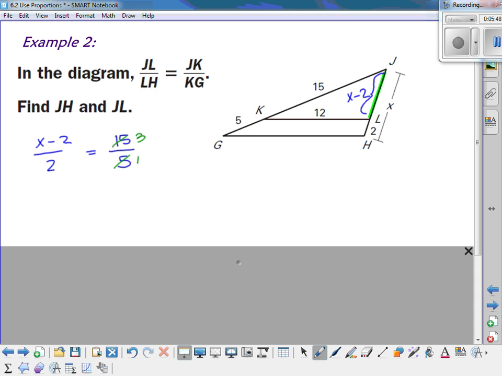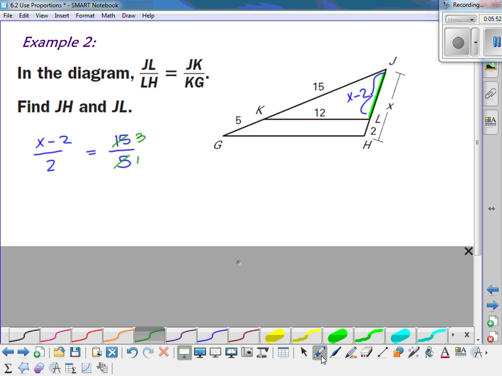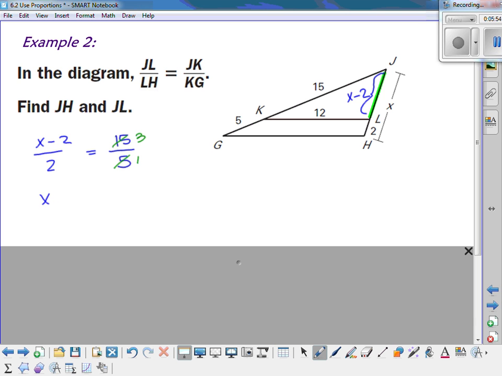So when I cross multiply, I have X minus 2 times 1, which is just X minus 2, and it's going to equal 2 times 3, or 6. When I add 2 to both sides, I find that X is equal to 8. So JH has a measure of 8, and JL is 2 less than that, which equals 6.